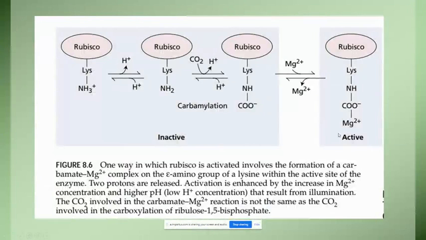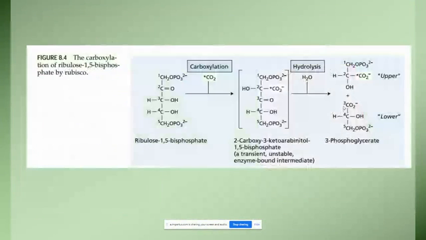After that, when CO2 attaches to the RuBP, it produces 3-keto 2-carboxy-arabinotol 1,5-bisphosphate. That step is the carboxylation step, where CO2 is attached by the enzyme.